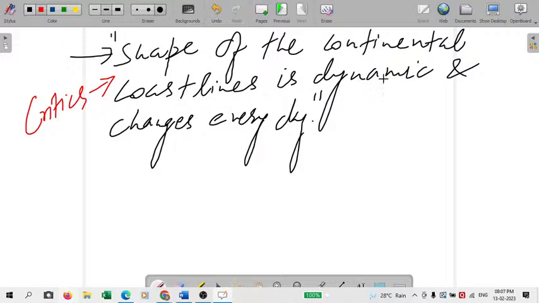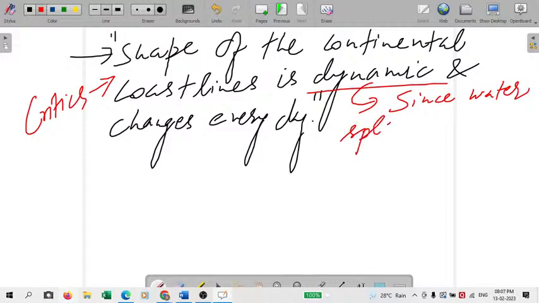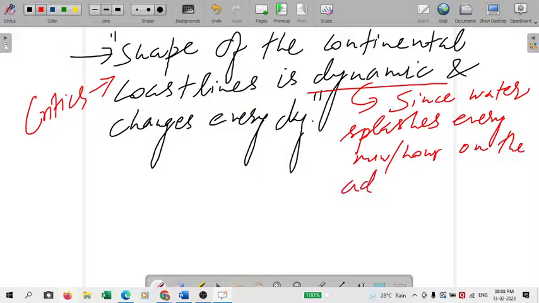उनका कहने का मतलब था, उनका डायनामिक से मतलब था कि since water splashes every minute, every hour, on the adjacent landmass, which is the coastline, right?